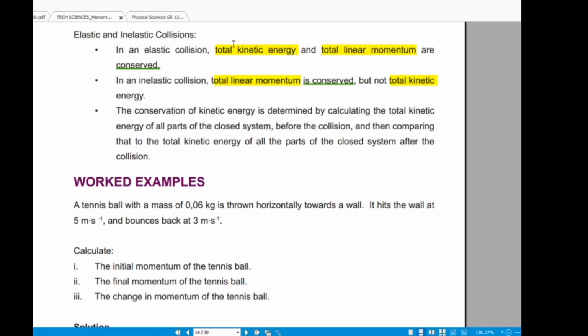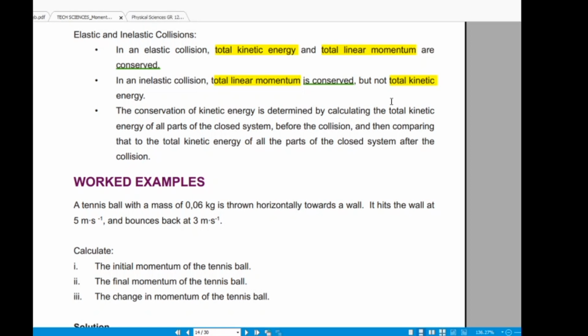The total kinetic energy before collision is equal to the total kinetic energy after collision. Ukhumbule ngithe kinetic energy is the energy due to an object's motion. Kinetic energy has to do with a moving object, or is an energy that an object possesses due to its motion.